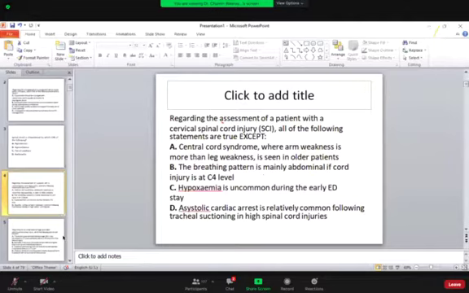Sir, can you explain the last one again? Asystolic cardiac arrest is relatively common. In patients with spinal cord injury, when you consider the autonomic innervation to the cardiovascular system, you have the sympathetic and parasympathetic to the heart. You have the sympathetic trunks on either side, usually T2 to T5.